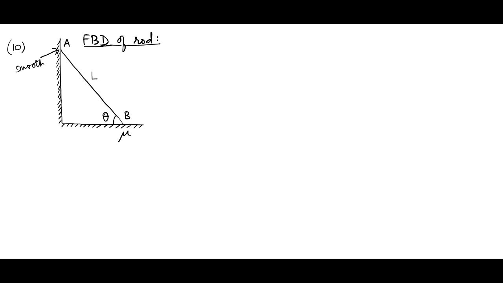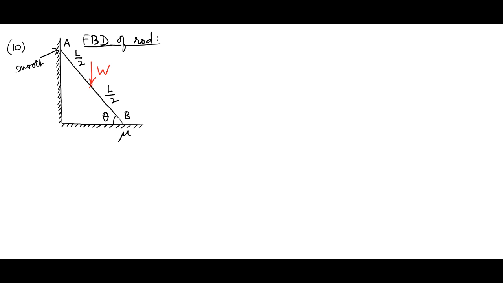Now the rod is given to be uniform, and therefore the weight acts at the midpoint of the rod. So I've assumed the weight to be W. It acts at the midpoint, and the length is split into two halves exactly, L by 2 on this side and another L by 2 on this side.